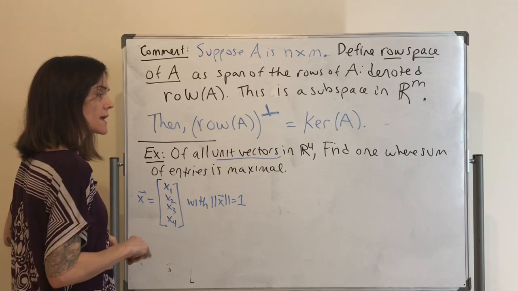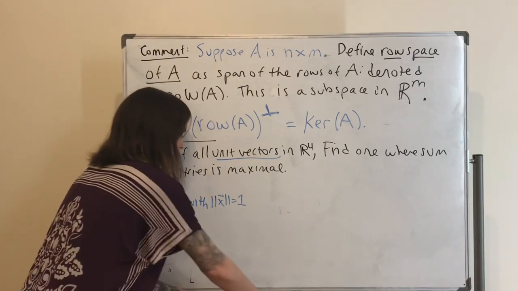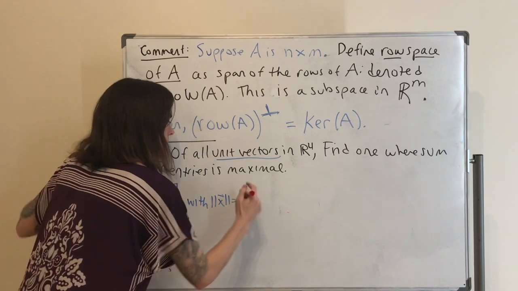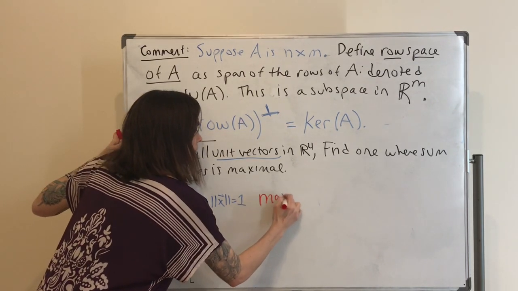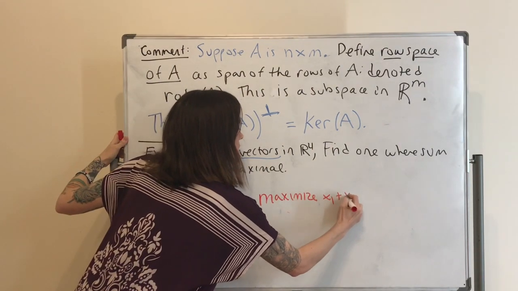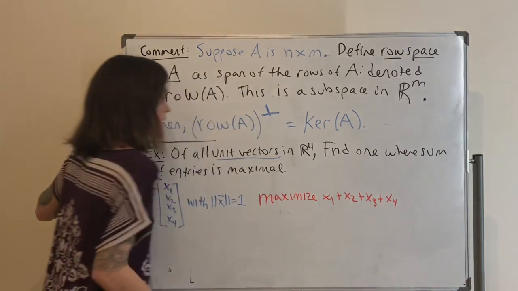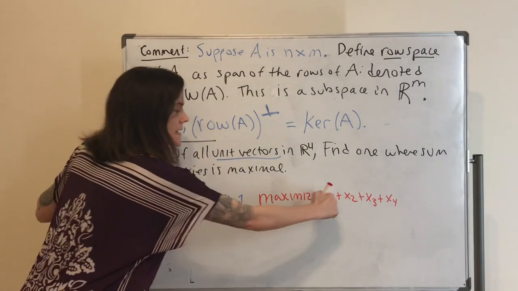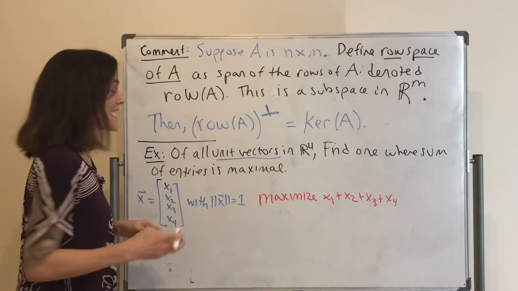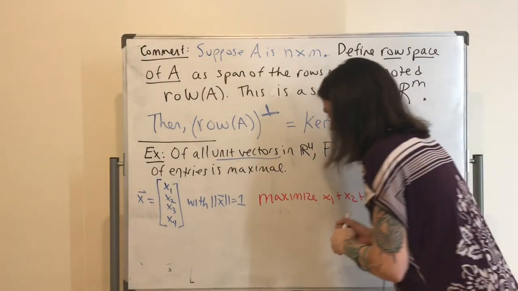What does this say? We want the sum of the entries to be maximal. We want to maximize x1 plus x2 plus x3 plus x4. And we want to find the vectors such that this is maximal. But if we notice here, this is a dot product.